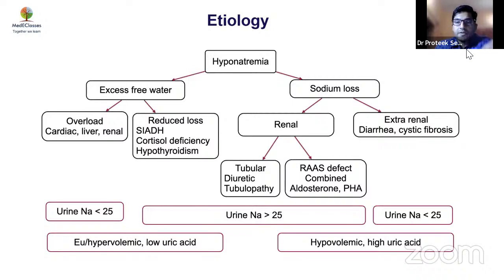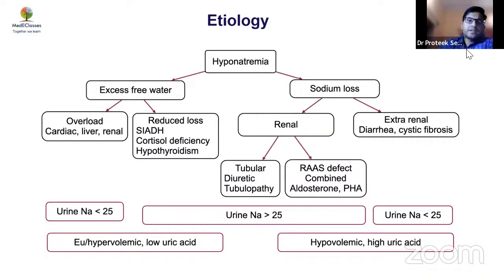Where the body is actually losing sodium, it could be via the kidneys or extrarenal. In the kidneys, it could be due to a tubular defect, due to drugs or actual tubulopathy, or an actual RAS defect where there is aldosterone deficiency. This deficiency may be combined or isolated aldosterone deficiency such as in PHA.